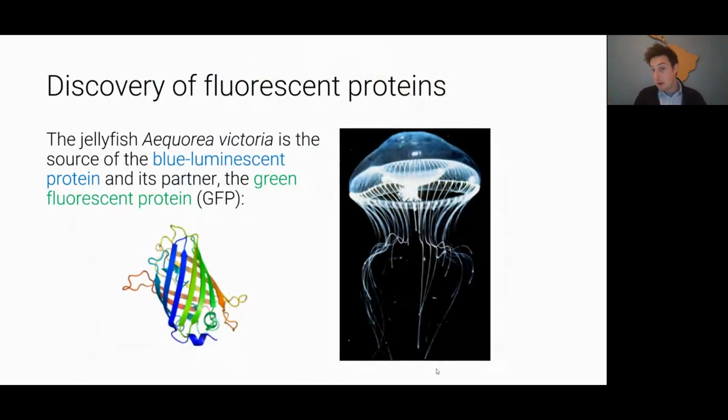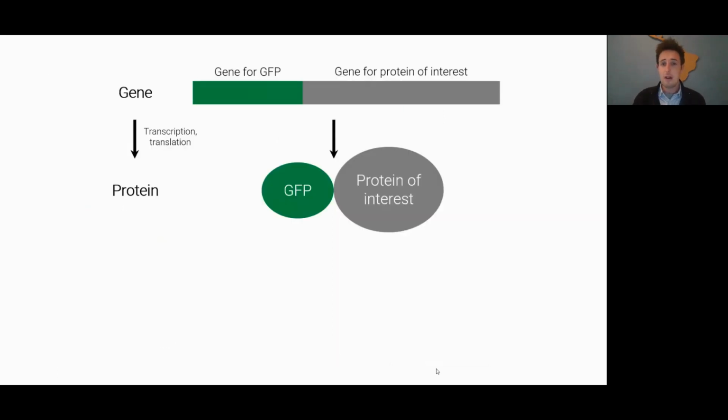Then we have the fluorescent proteins that were discovered some decades ago from this jellyfish here, the blue luminescent protein, and its partner, the green fluorescent protein. And Roger Tsien in particular, who won the Nobel Prize, did so much work to explore and understand how these fluorescent proteins work. So typically, one links the gene for this green fluorescent protein to the gene for your protein of interest.